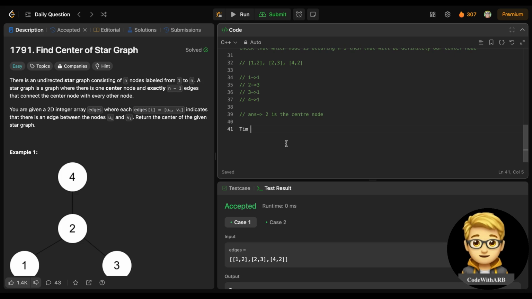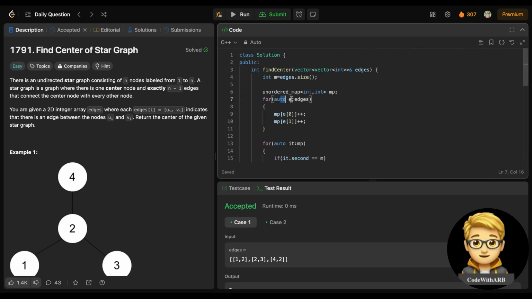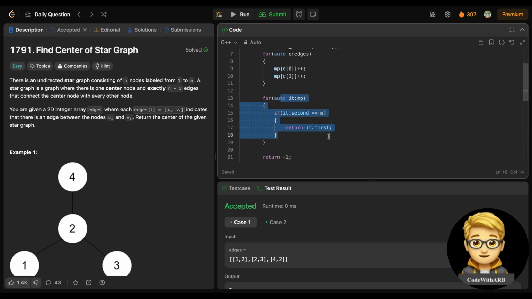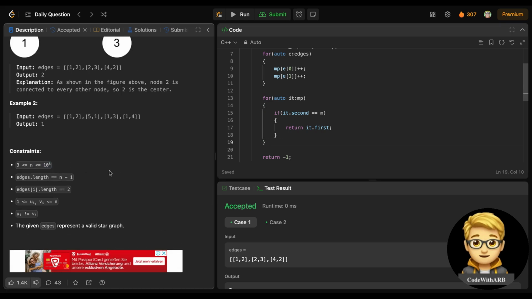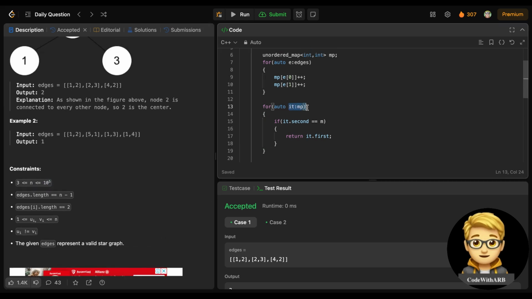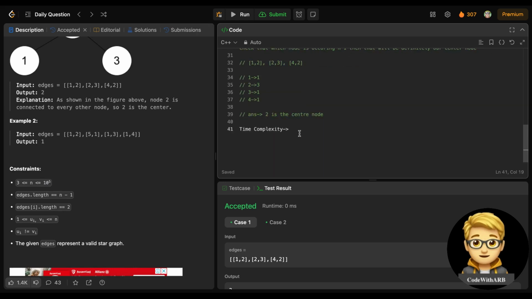So what would the time complexity be? I need to iterate over the whole of edges, and also I need to iterate over the whole map. That would be O of n, where n is the number of nodes, and this map is also O of n, right? So ultimately O of n-1 for edges, plus O of n for the number of nodes, would ultimately be equal to O of n, right?